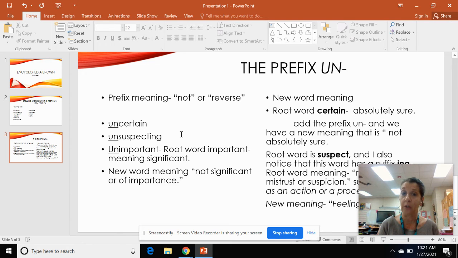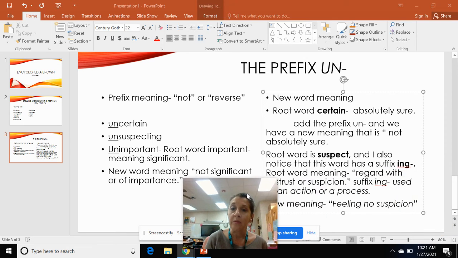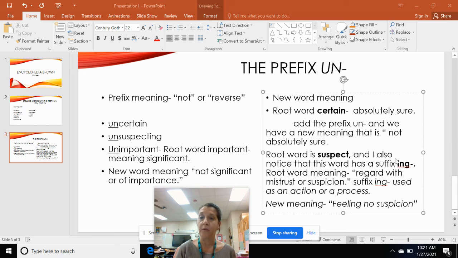Un being our first, and then we have the root word suspect, noticing that suspect is to regard with a little mistrust, or you're suspicious of something. All right. Then I noticed, well, I have a third piece, ing.